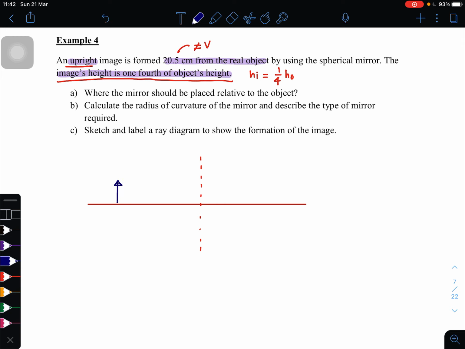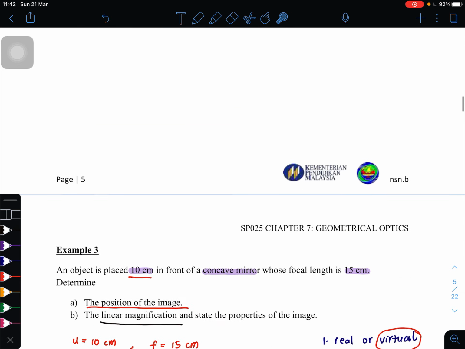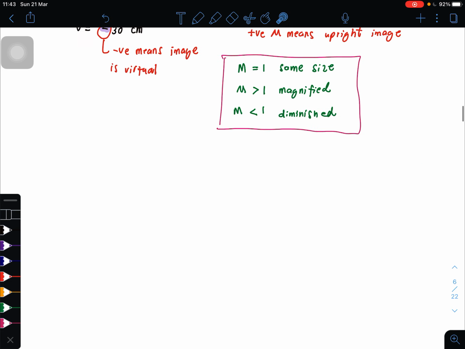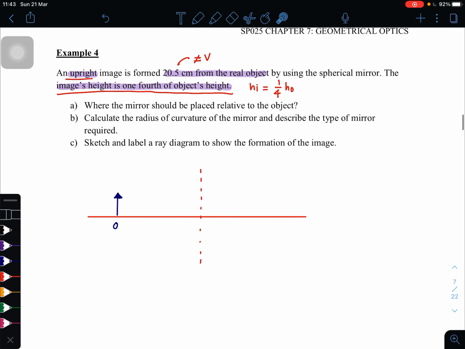So we just assume object is in front of the mirror because dia bagi tahu it is a real object. So according to the table, if it is a real object, it is placed in front of the mirror. So that's why kita letak objek ni di depan mirror dekat sini. So let's say this is in front, ni adalah dekat belakang.